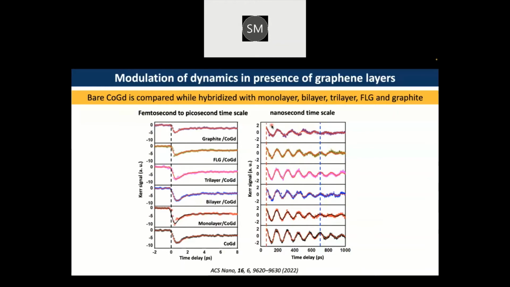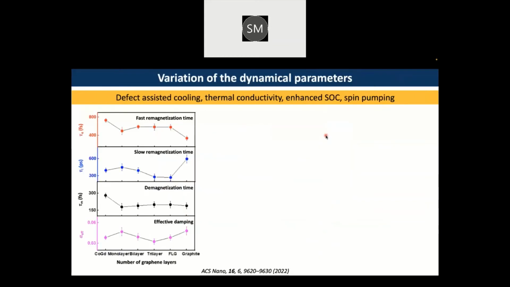That has been identified in the time domain as well, as I have pointed with the dotted line showing the period of the precession. In the next slide, we will look at the quantitative changes of the dynamical parameters, which have been systematically plotted with the number of graphene layers.